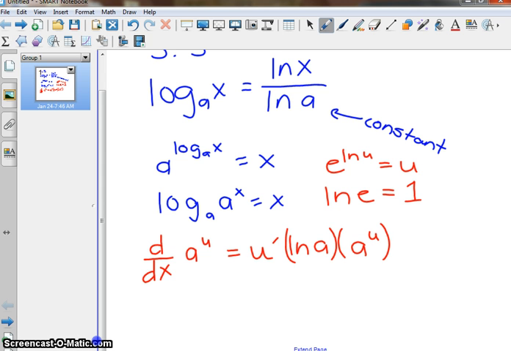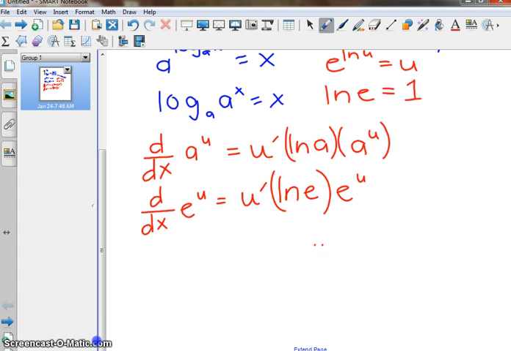This comes from the same formula that the derivative of e to the u came from. We had u prime, and if we put the natural log of e in there, it's the same thing as 1. So it is really the same formula. You just need to remember to multiply by the natural log of a.